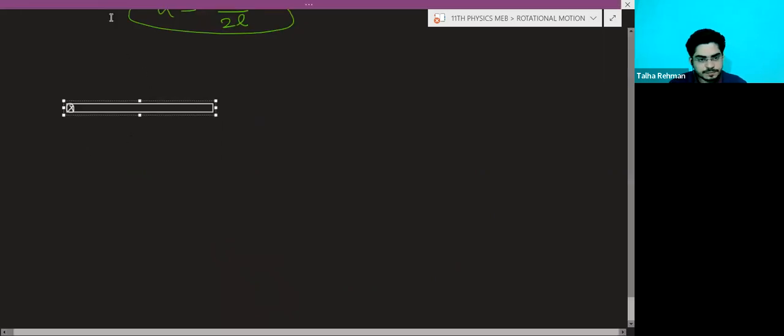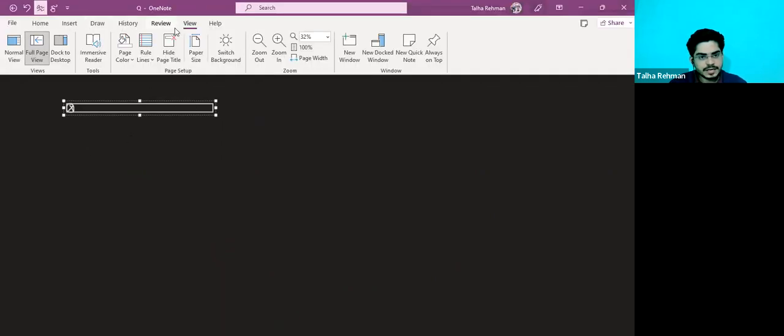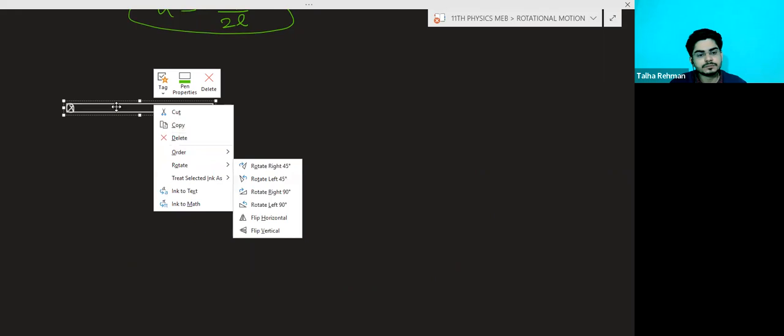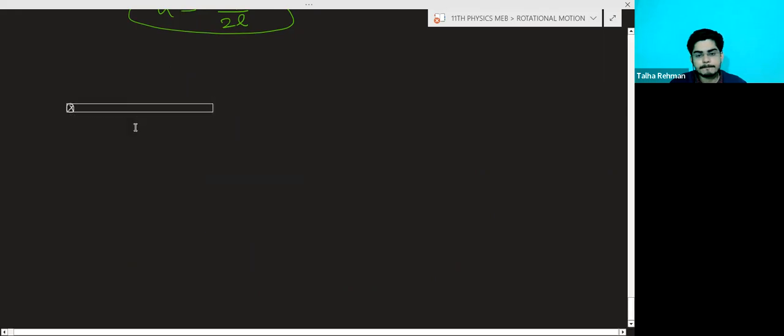When this rod is released, after it makes an angle of 37 degree.